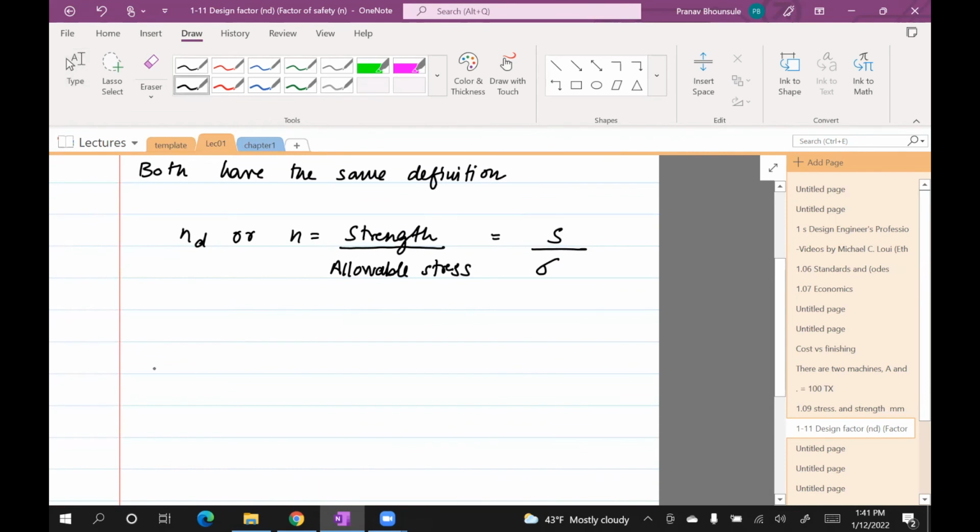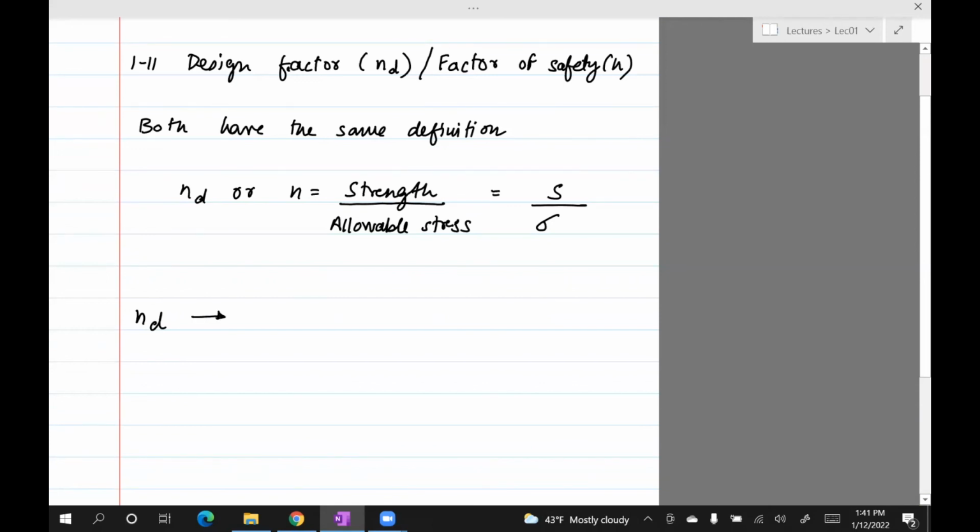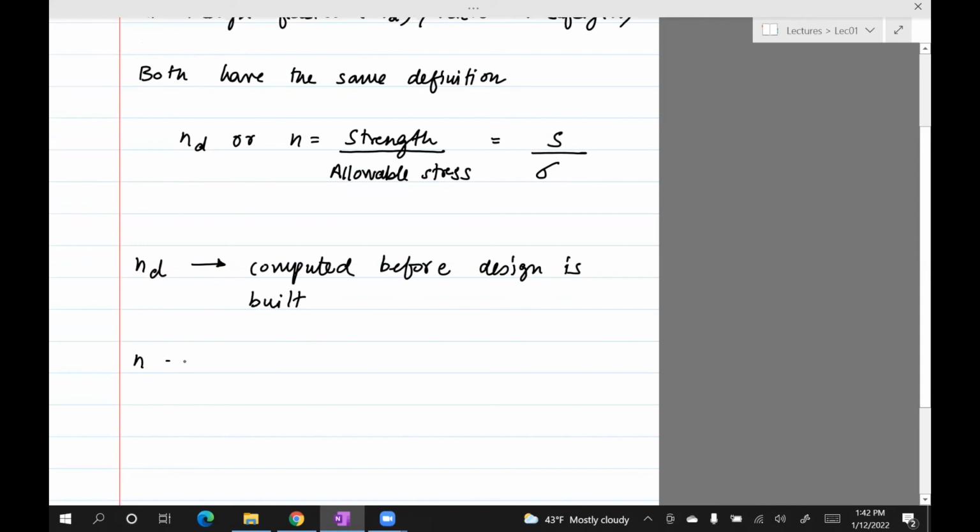Well, it turns out that ND, the design factor, is computed before the design is built. And N, the factor of safety, is computed after the design is built.